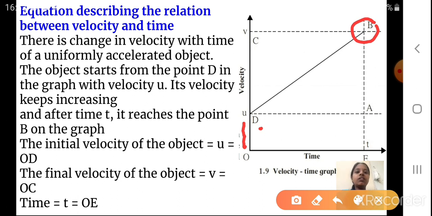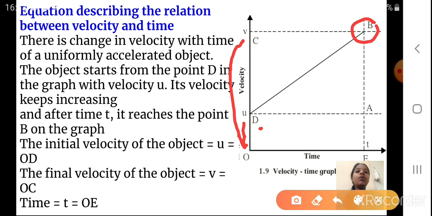Its final velocity we are considering as v. The initial velocity of the object u is equal to OD, which I have shown in red color. The final velocity of the object is equal to v, that means OC. So OC is your final velocity, which we take as v.